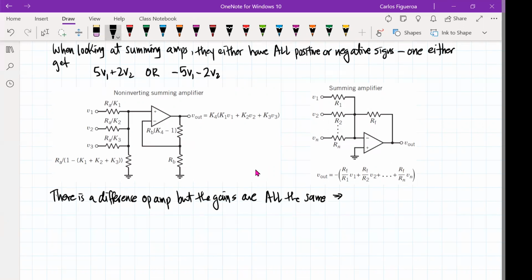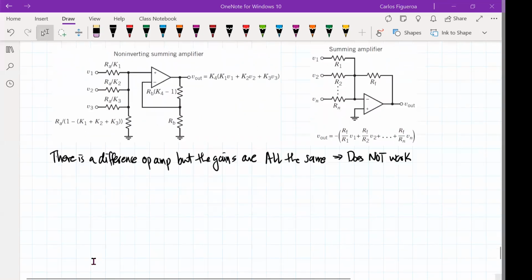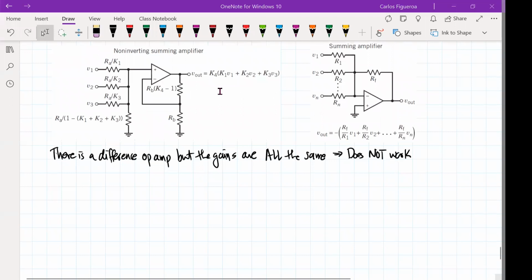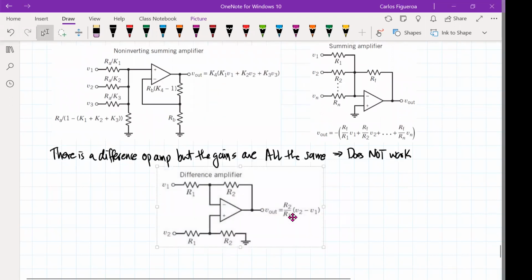So that implies that it does not work. And just to give you a sense of what I mean here, here's what the difference amplifier does here. See, you could see that I only have one, so I have no choice but to design it.